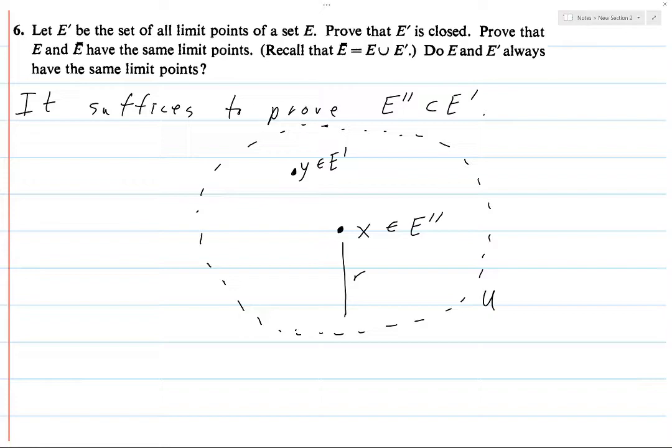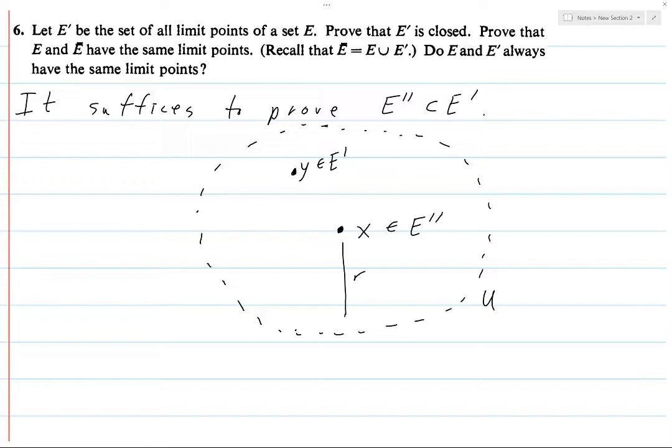So now what we're going to do is we want to choose our neighborhood wisely, though, because we want to end up with something in U. So note that U is an open neighborhood of Y, and if we take U and remove the point X, then what we're doing is you're taking an open set, namely U, and you're removing a closed set, namely the set containing the element X. And if you take an open set and remove a closed set, you're left with an open set.